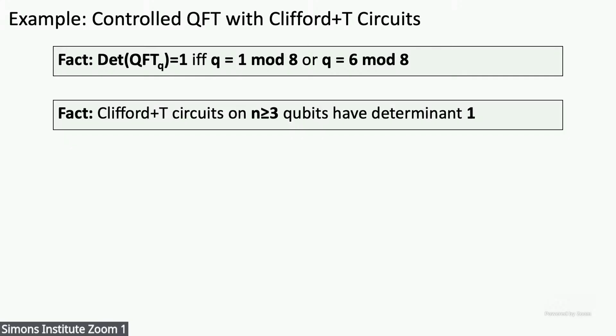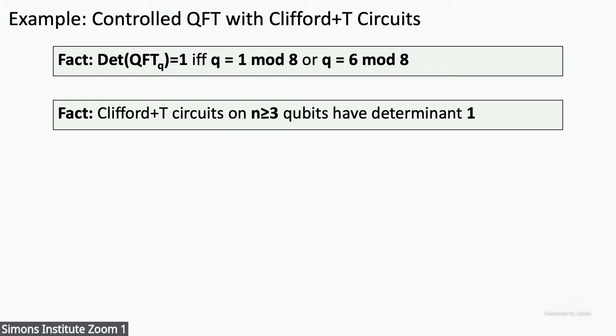On the other hand, a very popular universal gate set is Clifford gates plus T gates. And if you have a circuit on n greater than or equal to 3 qubits that's made of Clifford and T gates, your determinant actually is going to be 1. Basically, the Clifford and T gates' determinants are all powers of i.